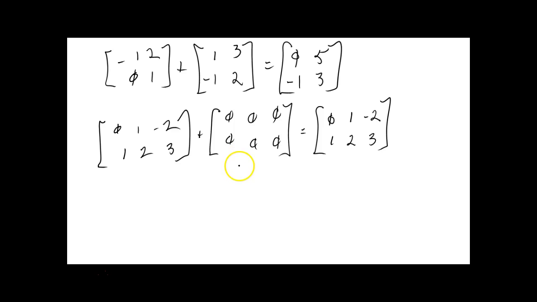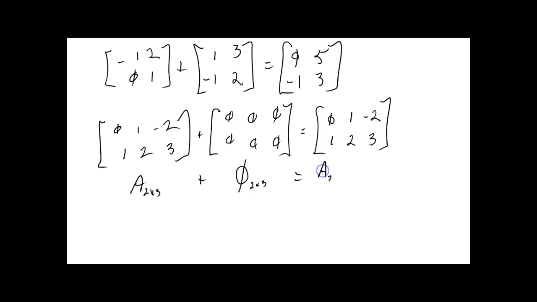So this would be, it's called the zero matrix. That's supposed to be a capital zero there, a bold zero. But you have to specify this is a 2 by 3 zero matrix, meaning all the elements are 0. And this will say if this is matrix A plus the zero matrix of the same size, so A may be a 2 by 3, then this is always going to be what?